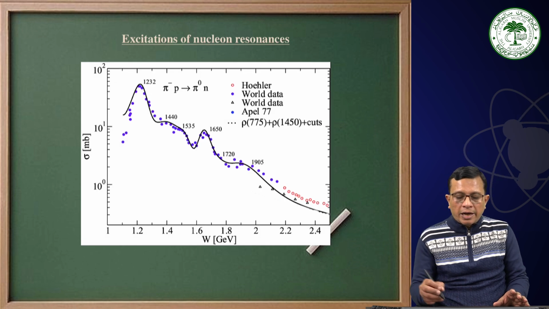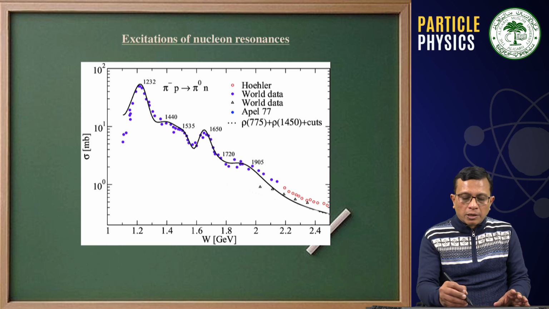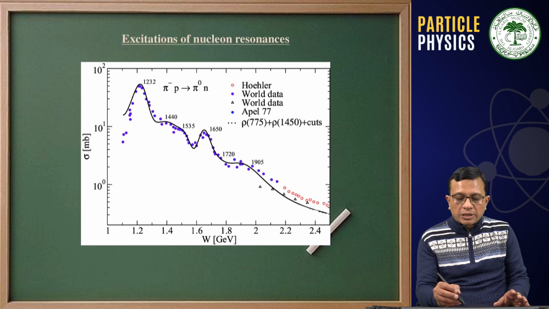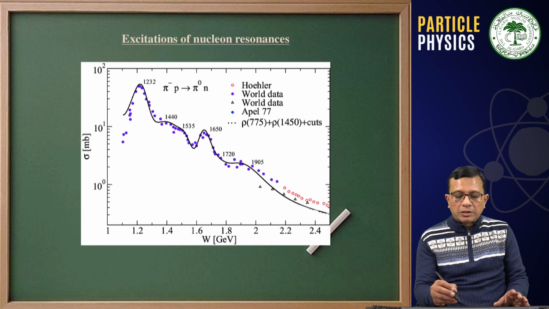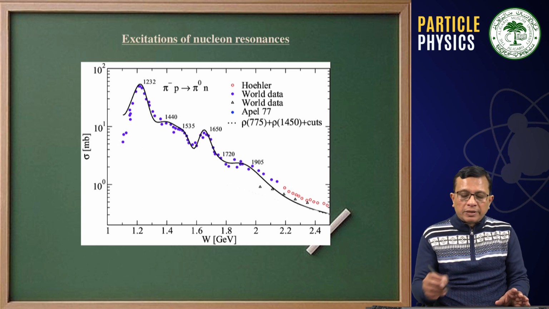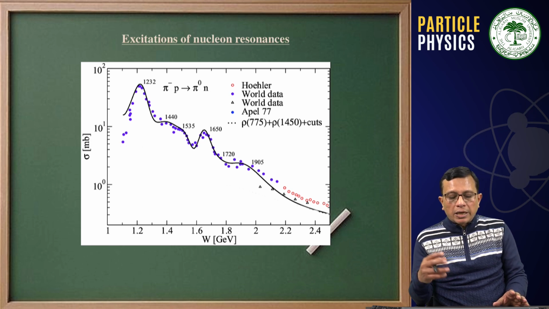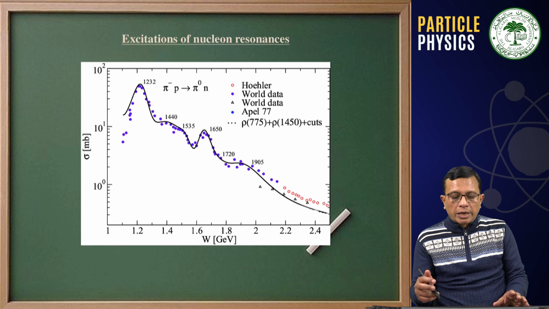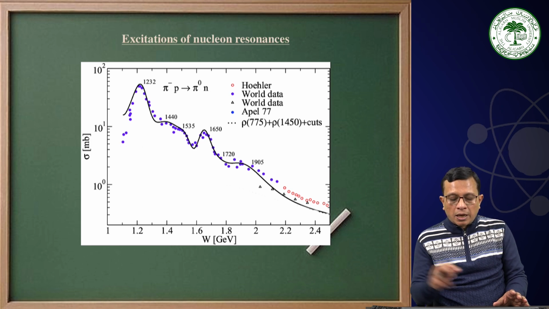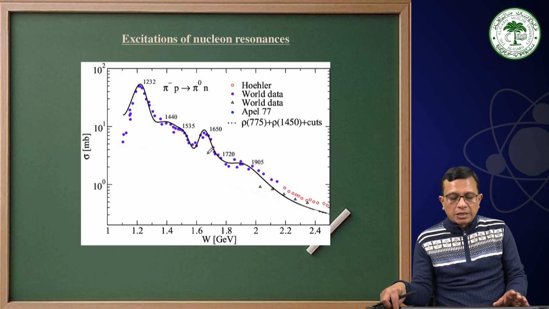Here I have shown another example of the different resonances: the 1232 resonance, 1440 resonance, 1535 resonance, etc. The spin and parity of these resonant states are different. And similarly, you can have meson resonant states also, with different particles, if you go towards the higher center of mass energy region.